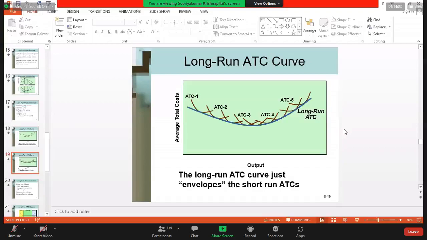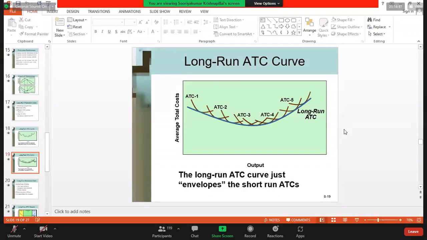But the long run average total cost U shape is not due to diminishing marginal return, because there is no fixed input in the long run. So it is not the marginal product; this is a different reason.